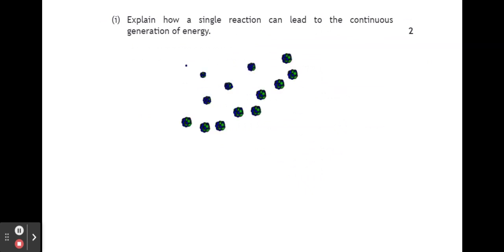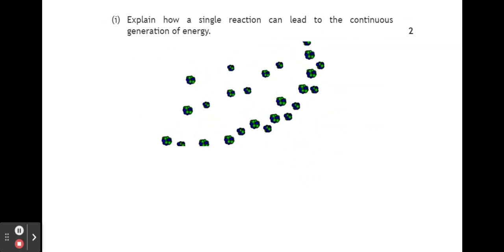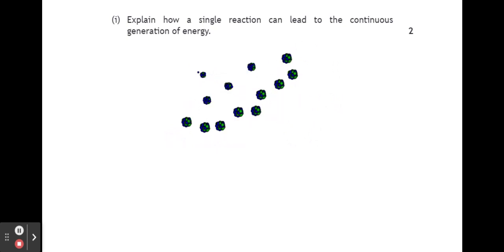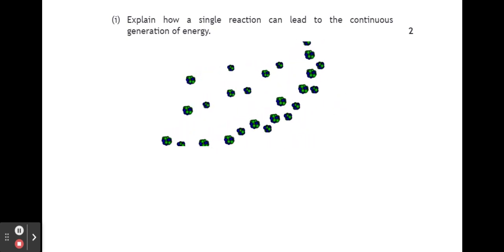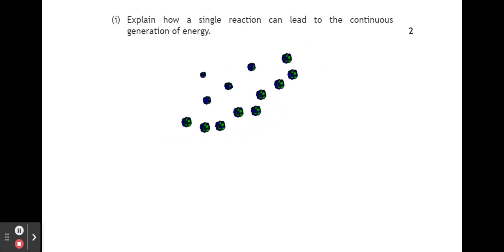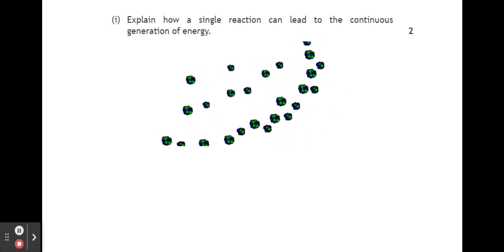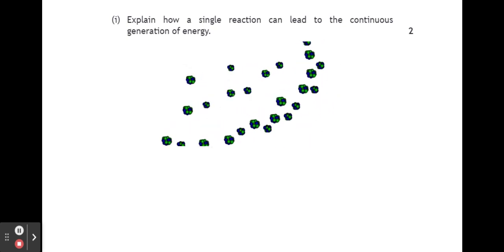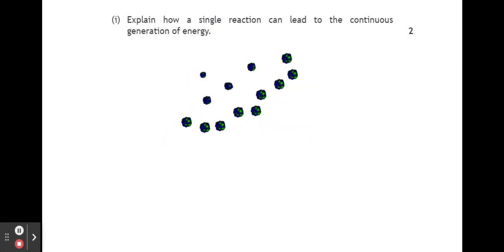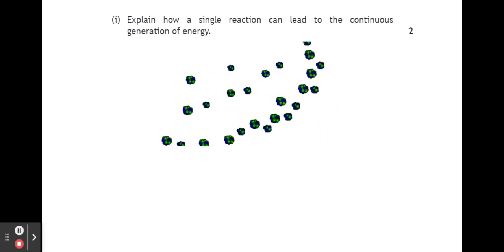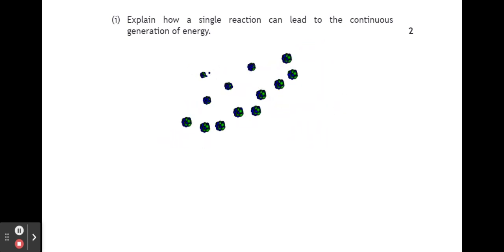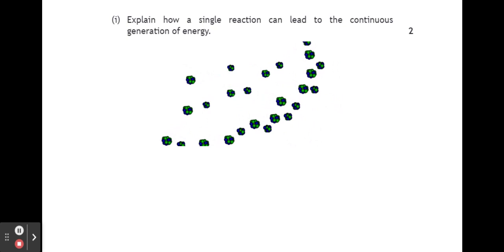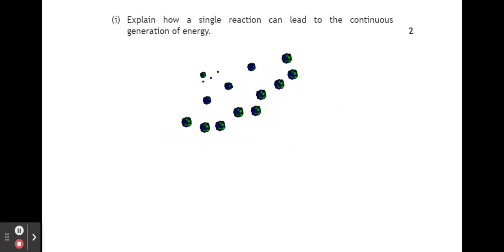Well, what happens is one single neutron causes 1 uranium nucleus to fission, to break apart. That releases 3 further neutrons. These 3 further neutrons can then collide with 3 further uranium nuclei, which causes them to break apart, releasing 3 further neutrons each, which then go on to collide with 3 further uranium nuclei each.